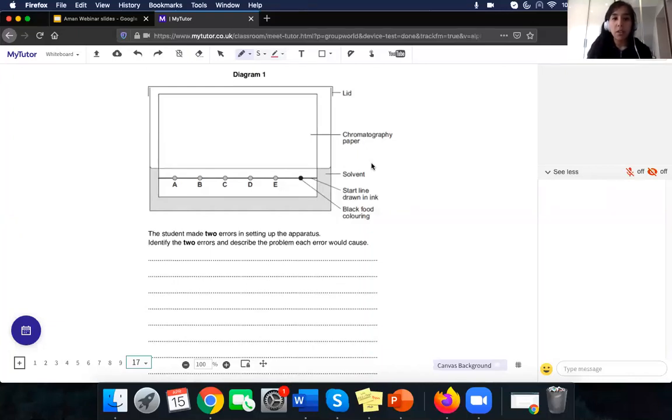The line should have been drawn in pencil. And what's the second error? Some people are saying the solvent starts above the start line. What's the problem with that? The dots won't move up the paper. Yep, why don't the dots move up the paper if the solvent starts above the start line?